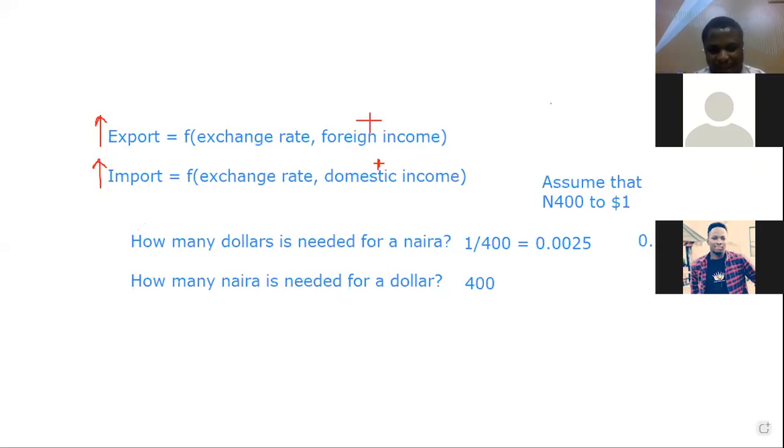Let's take an example. If Nigeria has a domestic product, what is Nigeria producing? Cable wire. Of course, we know that Nigerian cable wire is better than China wire or other types of wire.